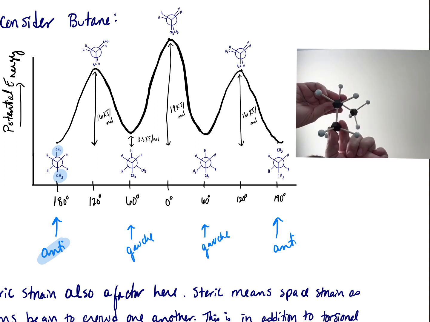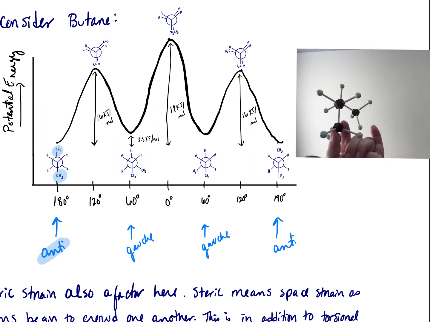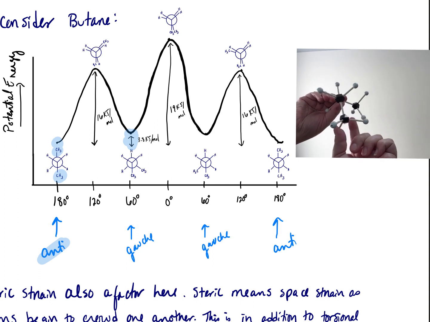As you might imagine by seeing it from this perspective too, they almost are starting to overlap. And that's the reason why this is not as low of energy as where we started off. So this is a little bit higher than what we started with at the anti-conformation. This is referred to as the gauche conformation. Gauche is the way I usually say it, or I've heard that referred to as.